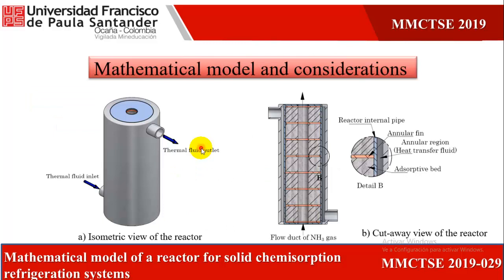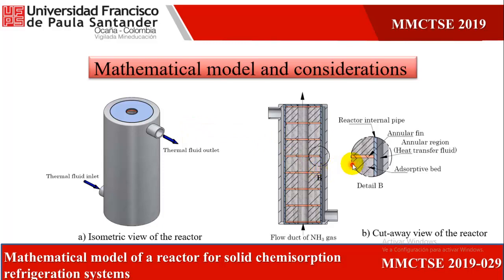From what was consulted in the literature, in figure A here, we observe the reactor of the sorption system that was modeled. Basically, it is a concentric tube heat exchanger. In figure A, we observe the entrance and the exit of the thermal fluid, that is the one that cools or heats the system. In this case, the sorbent bed. In figure B, we have a cutaway view of the reactor.